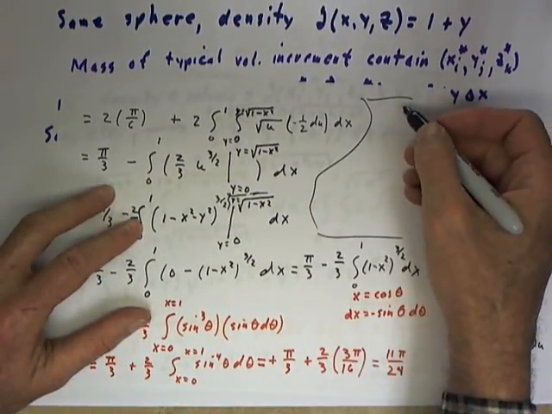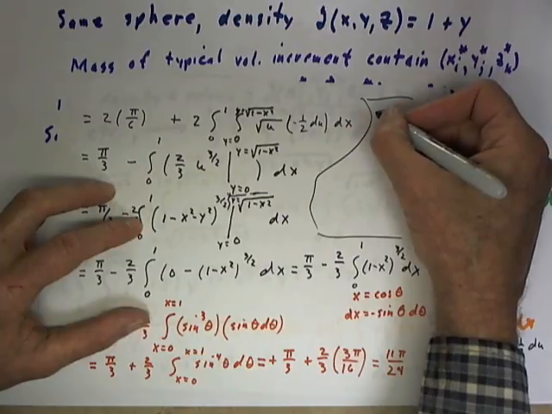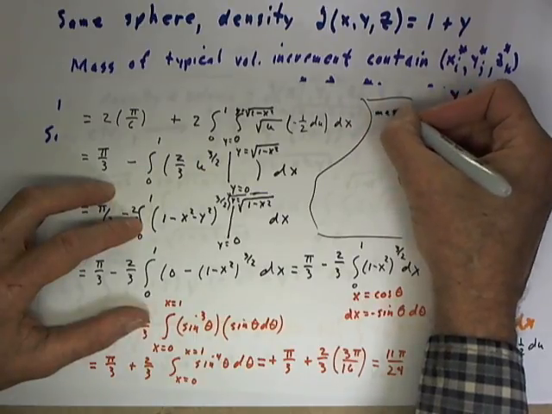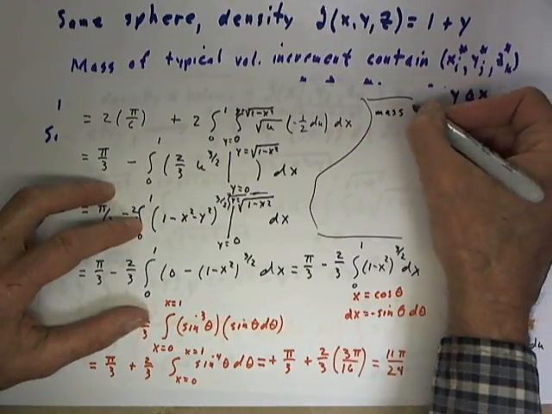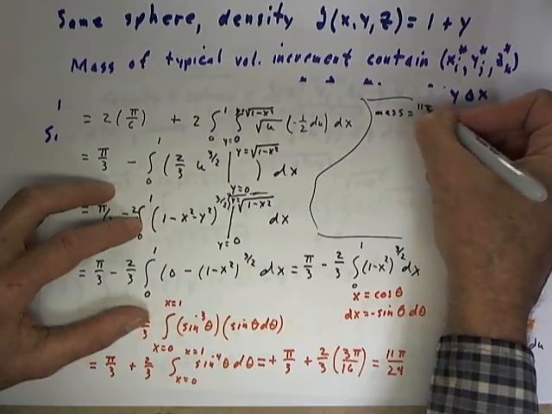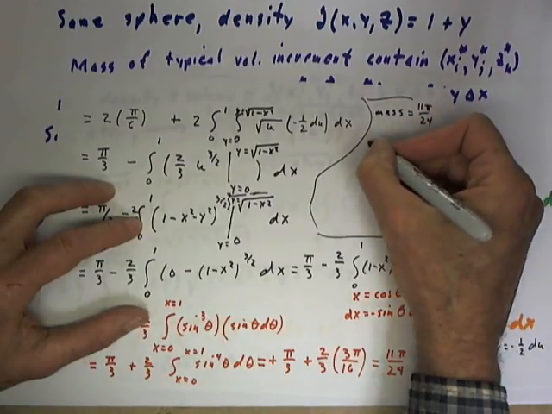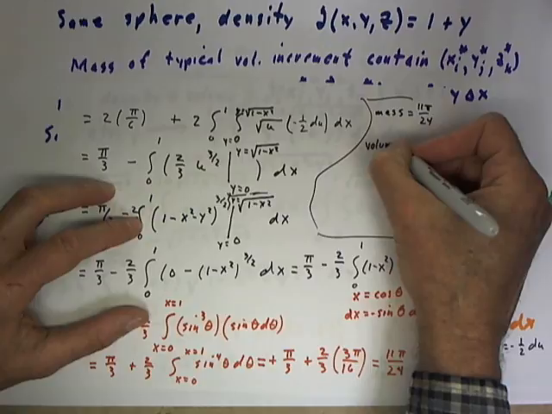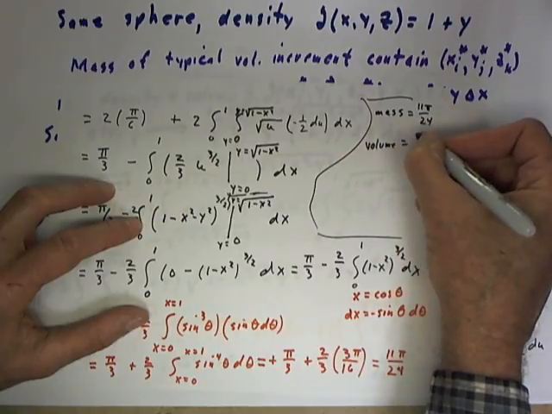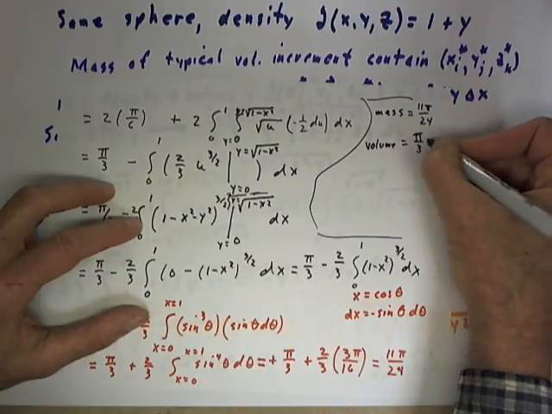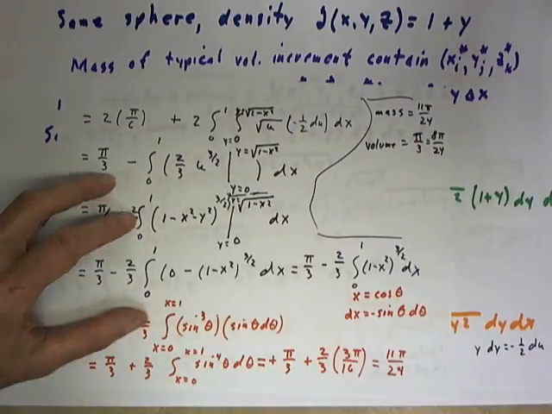So our final result, the mass is 11 pi over 24. The volume from previous calculations is pi over 3, which equals 8 pi over 24.